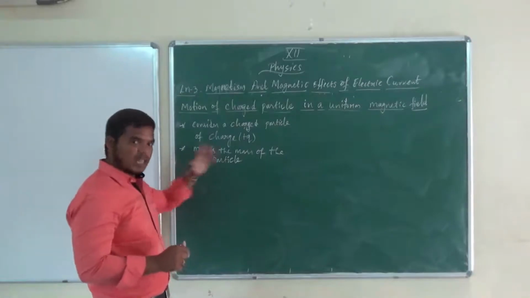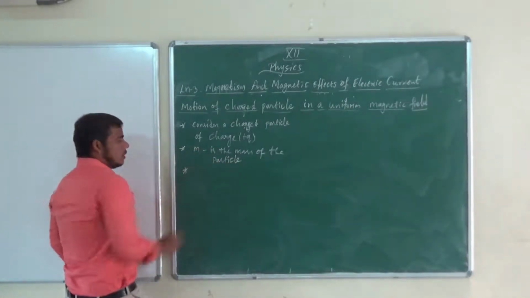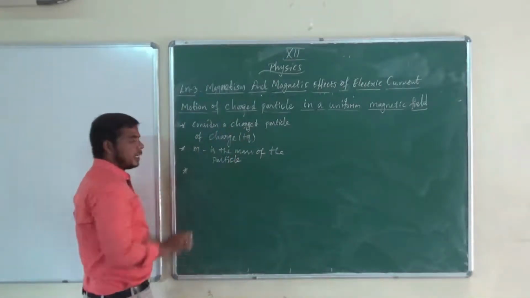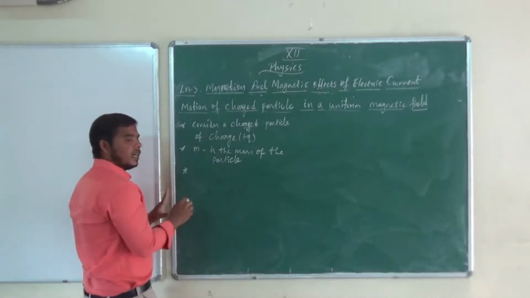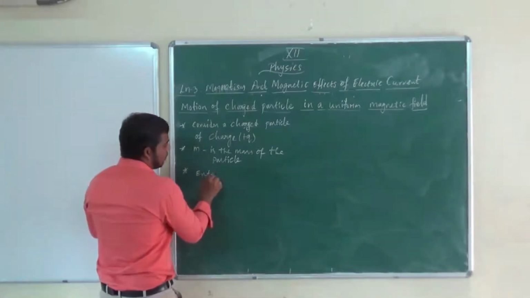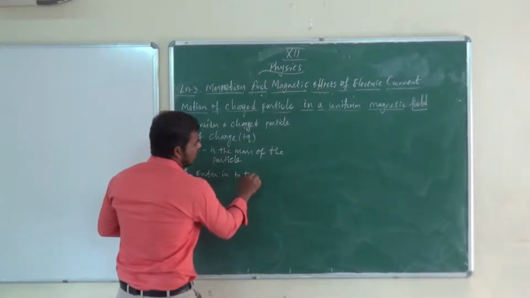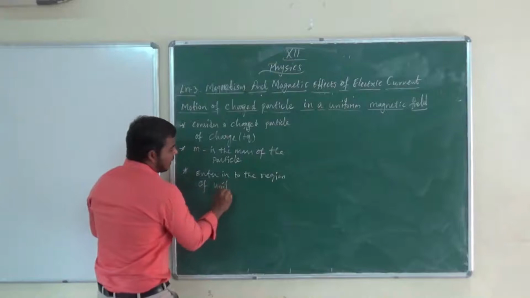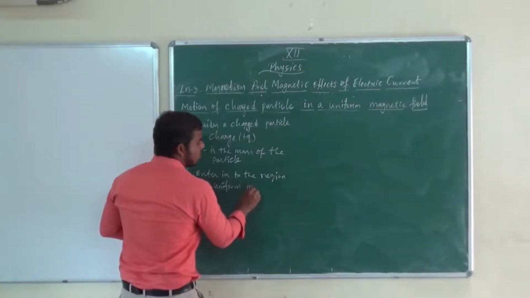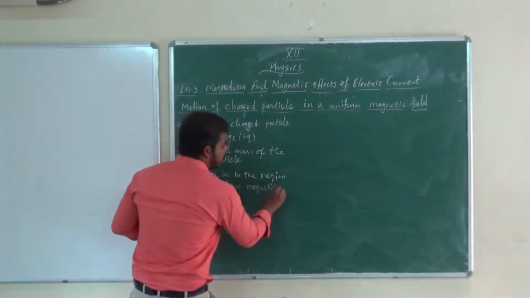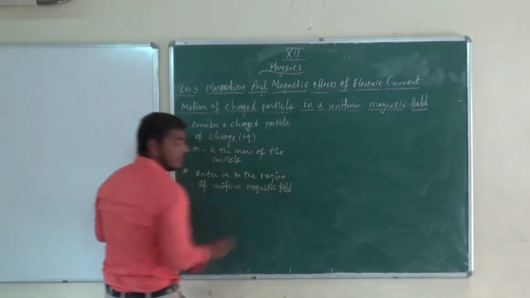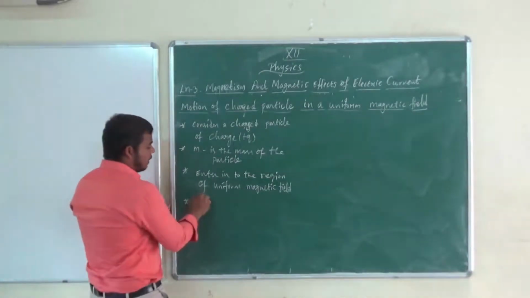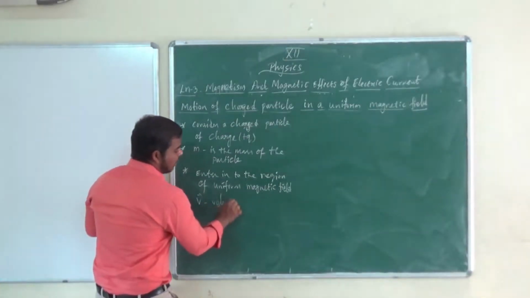The charged particle of charge q, with m as the mass of the particle, enters into the region of uniform magnetic field, entering with a certain velocity. V is the velocity of the particle.